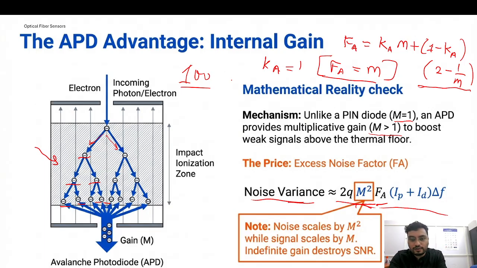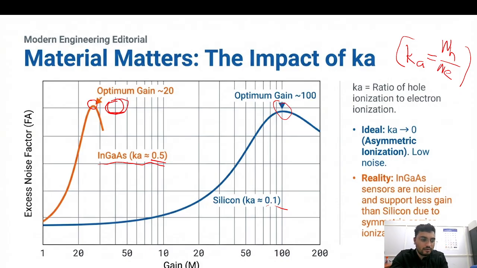If you are having Ka equal to 0.5, both the places will contribute, and if we keep it here and here, then we'll have this kind of curve. Let me change the color.